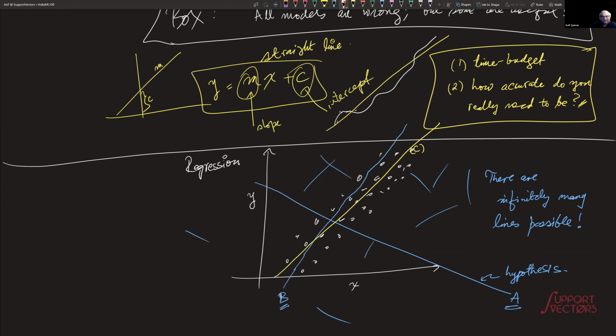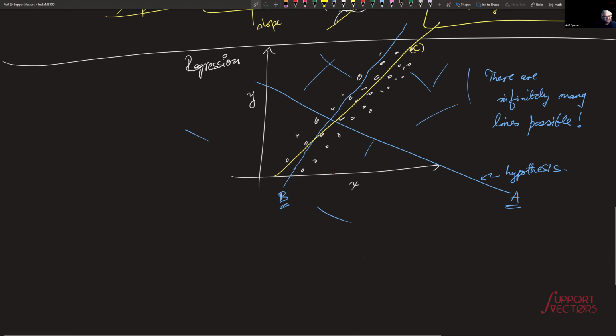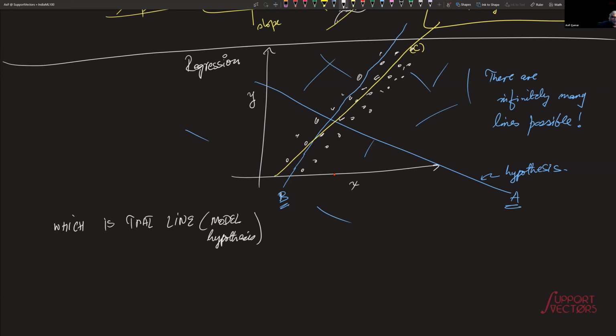The word that you want to use is, which is that line, if I may just write it here, let me just call it line hypothesis, line model. You can use hypothesis or whatever, line model hypothesis, that the data is closest to.